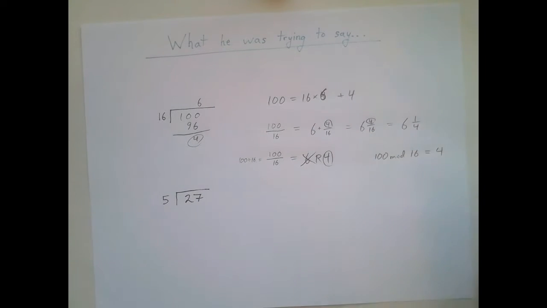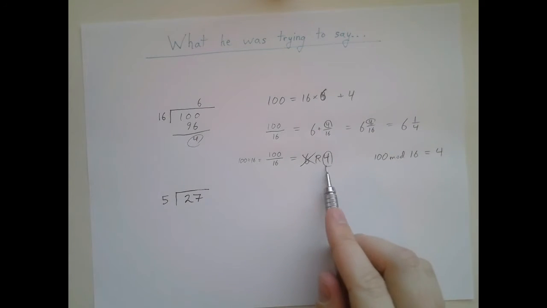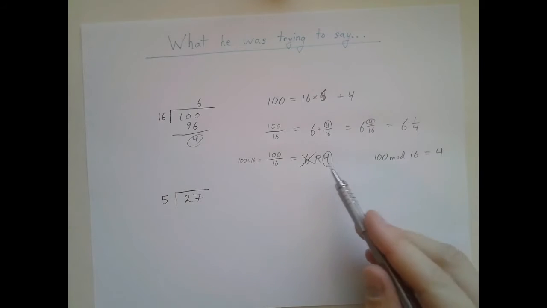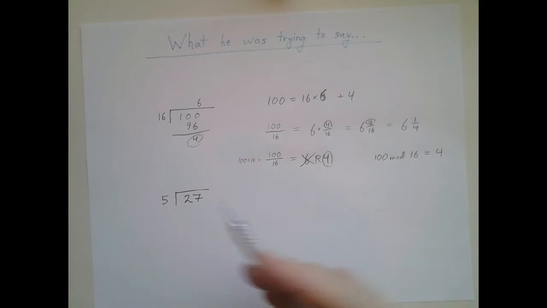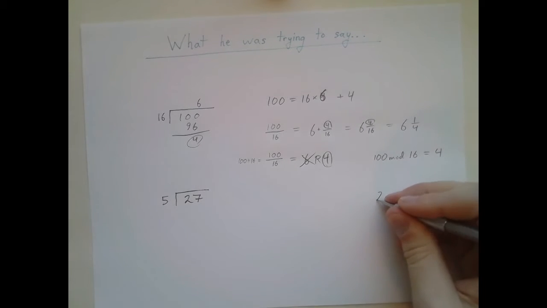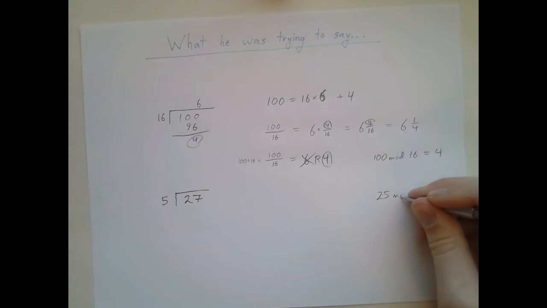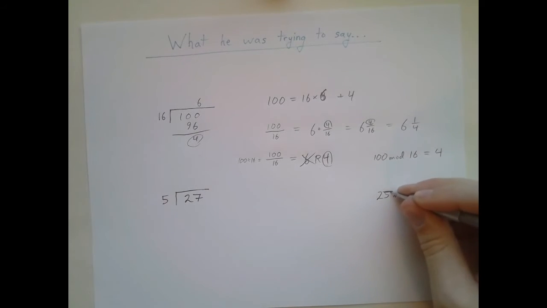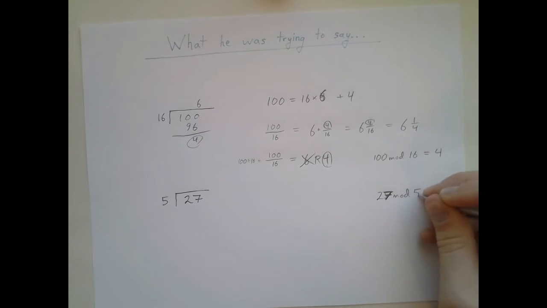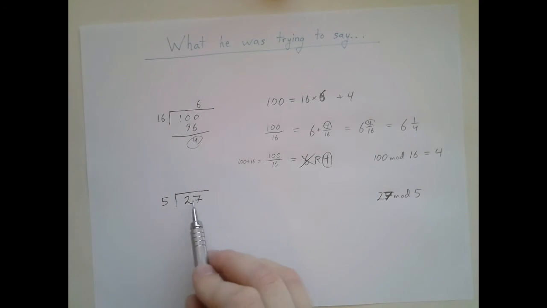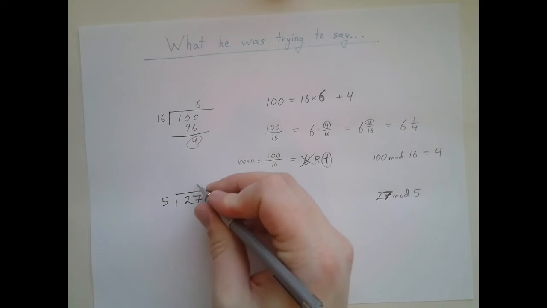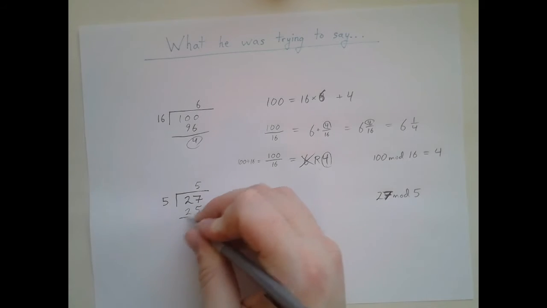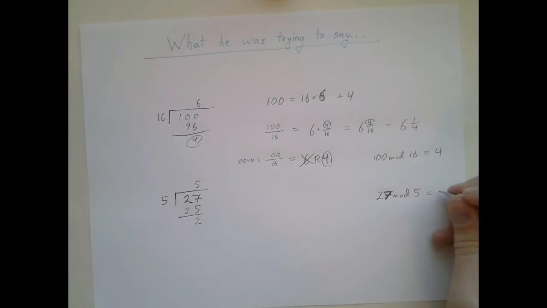You don't care about the 6 at all, you just care about the leftover part, the 4. So let's say you want to do 27 mod 5. 5 goes into 27 5 times, and then there's 2 left over, so that would be 2.